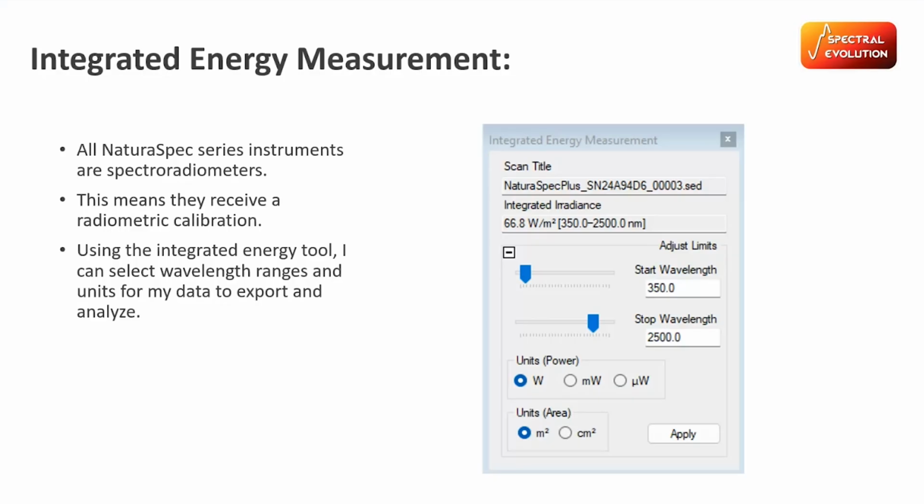It allows us to convert detector counts to energy units. And then with this integrated energy tool, I can select scans and actually measure or calculate the energy across different parts of the spectrum. And I can select what units I want to be working in as well.